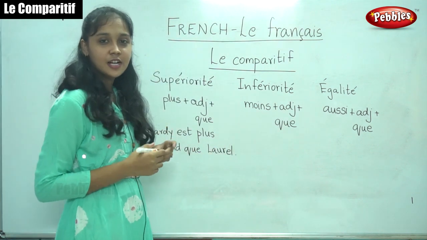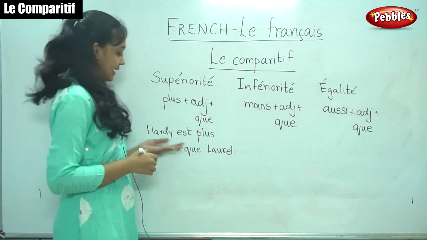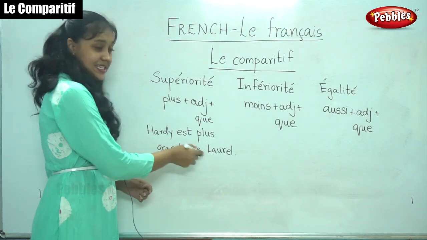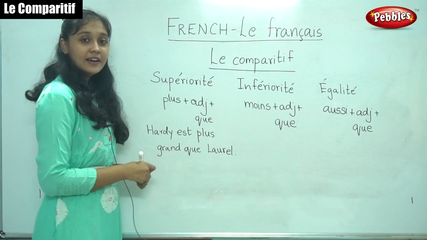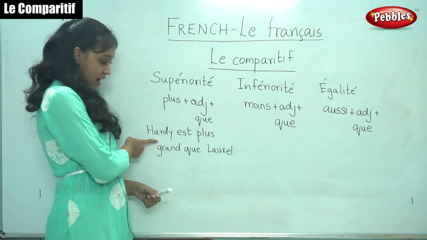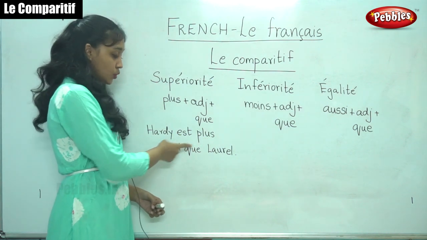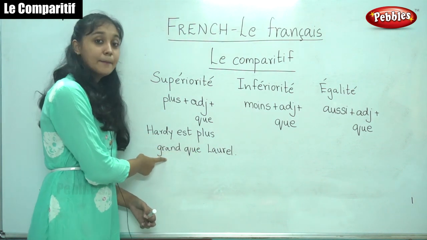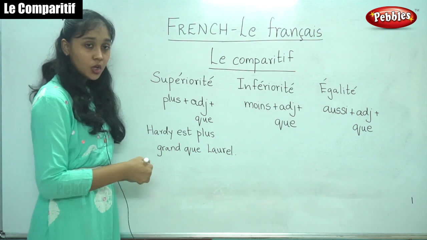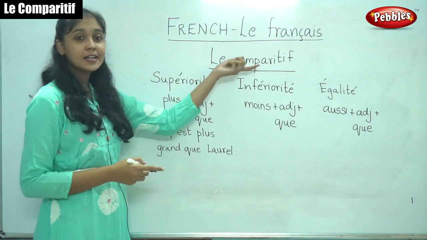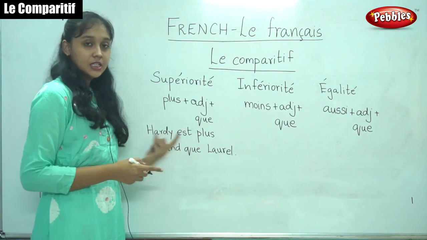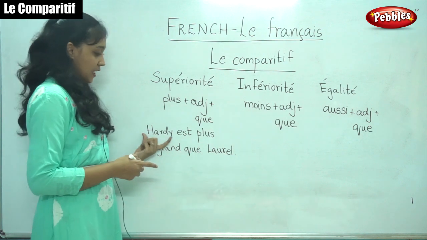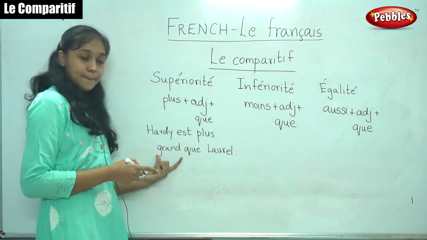So you must have heard about the show Laurel and Hardy. So these are two men who are different in their sizes. Hardy est plus grande que Laurel. Grande means big. Okay, so here we are using the comparison. We are comparing two people and this person is big.